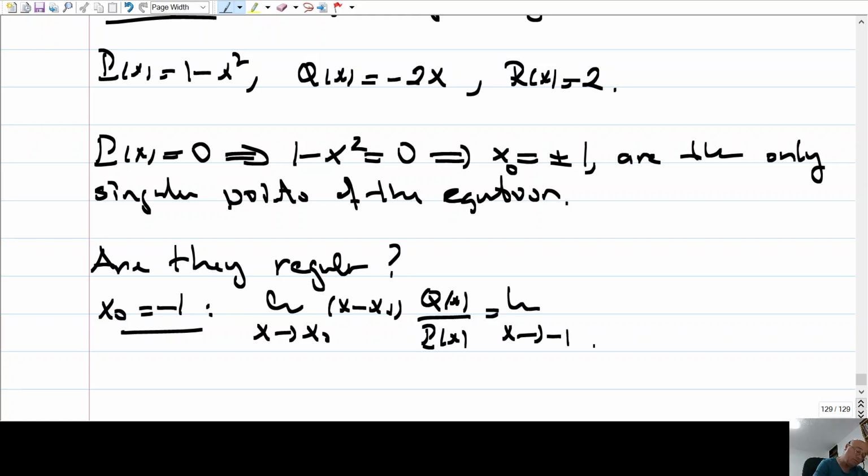So what is this limit? As x goes to minus 1, x minus minus 1, so it is x plus 1. And then q(x) is minus 2 times x over p(x), 1 minus x squared. Well, what is this limit?